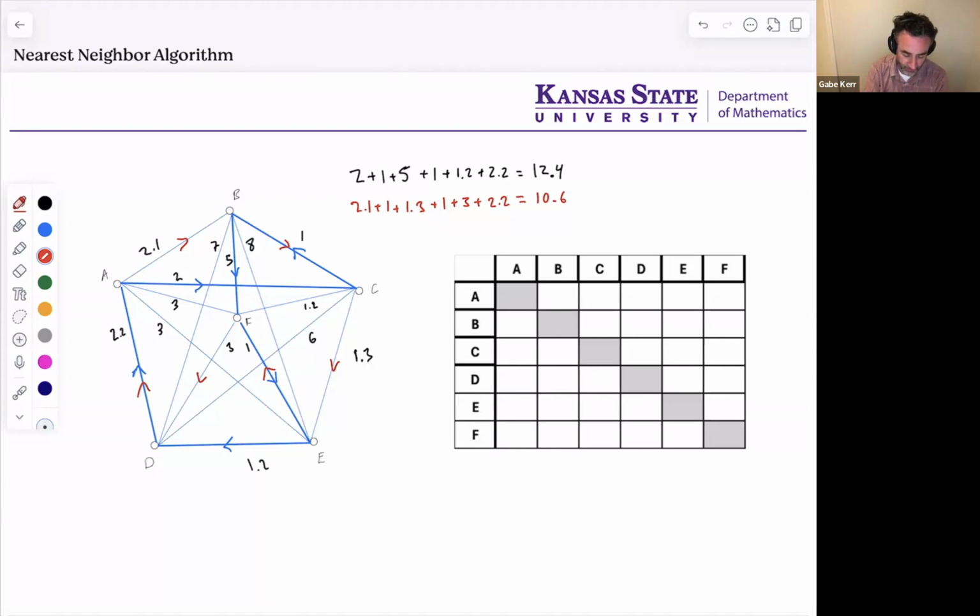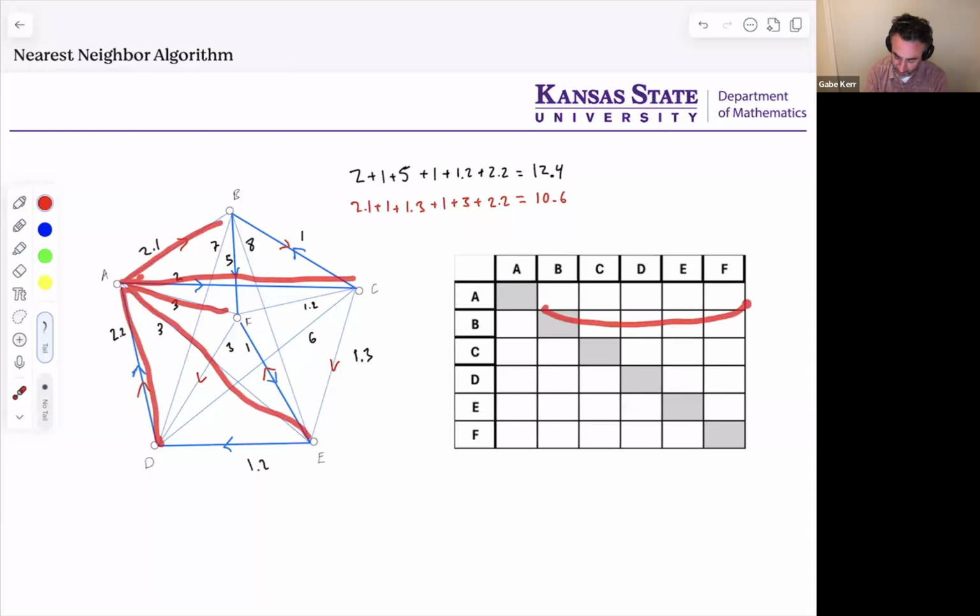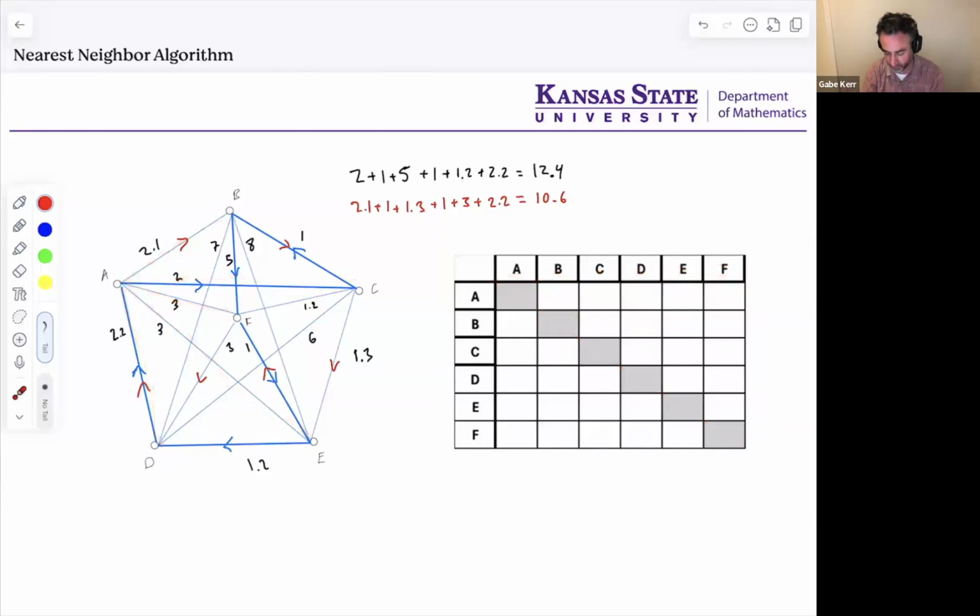So let's see how first to convert from the graph to this table. All right, so I'll go along a row, and the way I'll do it is I'll look at all of the edges connected to A, and I'll find these. That's going to give me these entries, and I'm just going to do this upper triangular part here, and then we'll just kind of flip it and get the rest of the values.